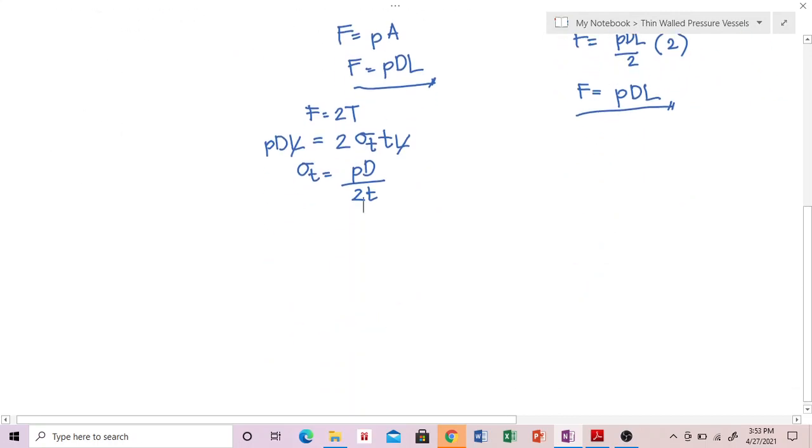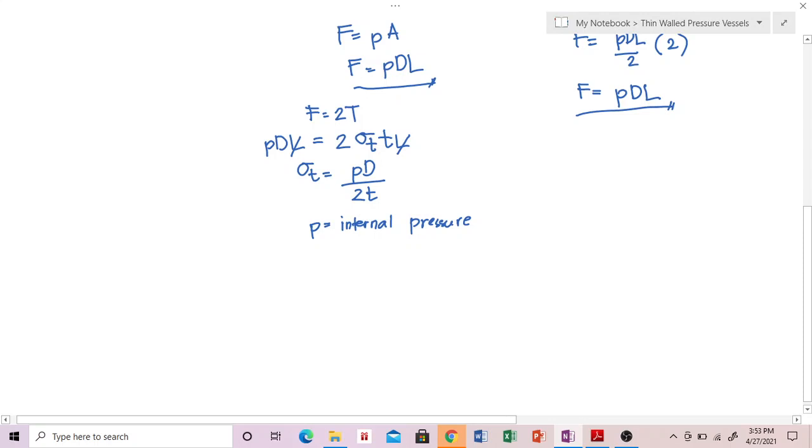Okay, so sigma T from dun sa above is the tangential stress. P is the internal pressure. Take note, class, that the internal pressure is yung pressure within the vessel, kung gas man yan or liquid. Kasi pag sinabing fluid, it's either liquid or gas.